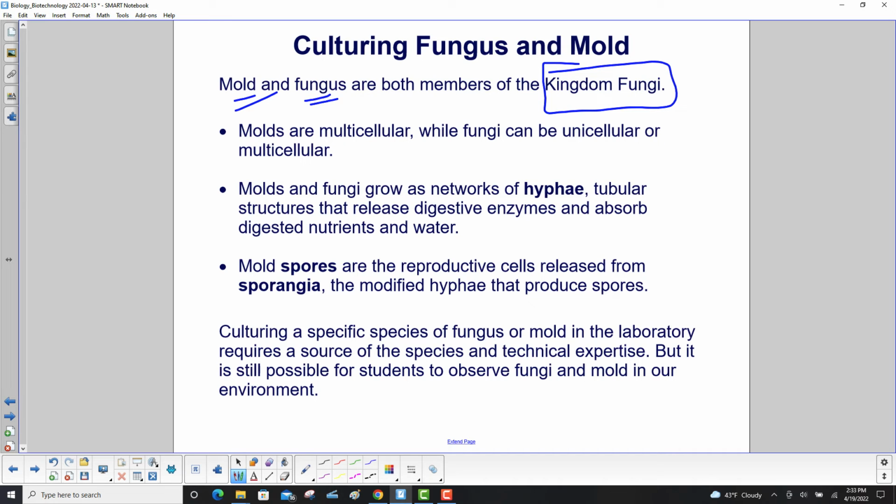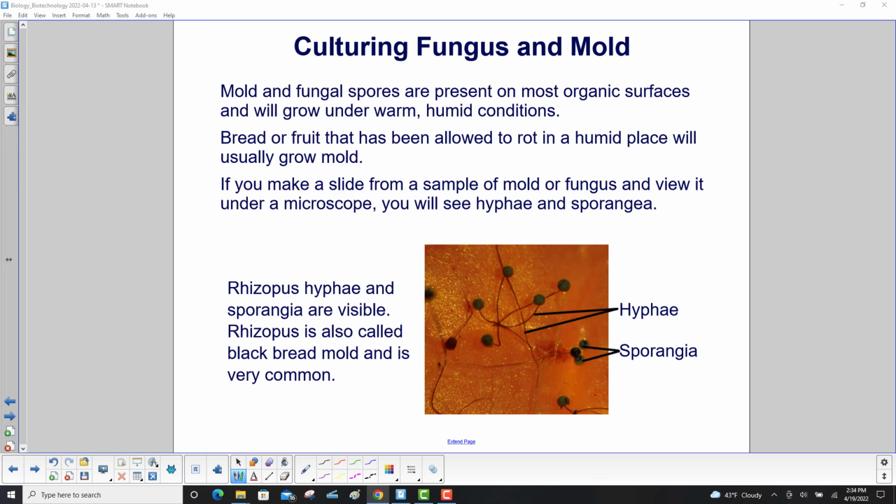Culturing a specific species of fungus or mold in the laboratory requires a source of the species and technical expertise. But it is still possible for students to observe fungi and mold in our environment. Mold and fungal spores are present on most organic surfaces and will grow under warm, humid conditions.